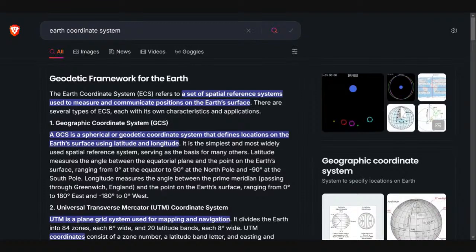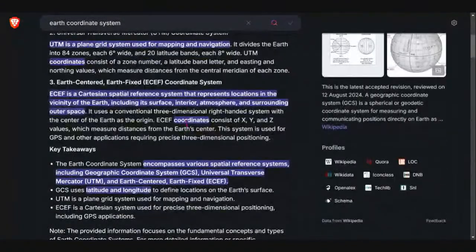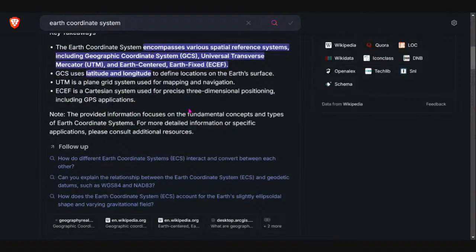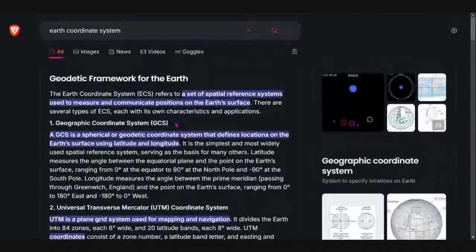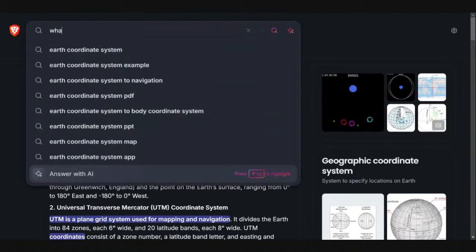GCS. What is GCS? They said ECS before. Earth coordinate system. Oh, geographic coordinate system. My God, how is this so difficult? There are so many coordinate systems. Okay. What is the meaning?